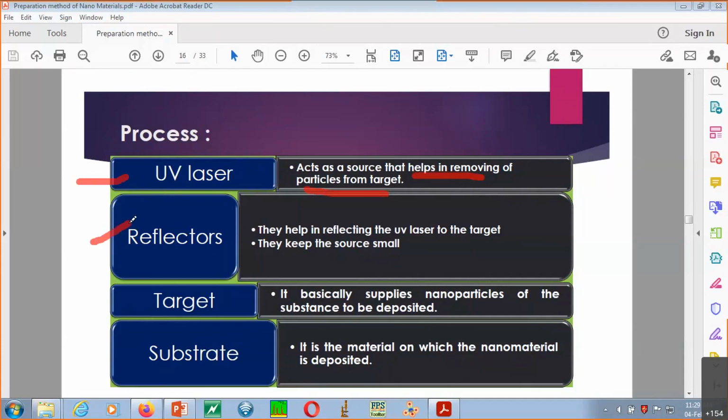Reflectors will help in reflecting the UV laser to the target, and with the help of that they can keep the source very small, meaning you target only that particular source, you do not need to target a bigger source. Target is basically the material from which you have to convert the nano part, which you have to deposit. And substrate is the material on which we are depositing the nanomaterials. That is what we know as a substrate, and I told you that it is generally made of glass material.